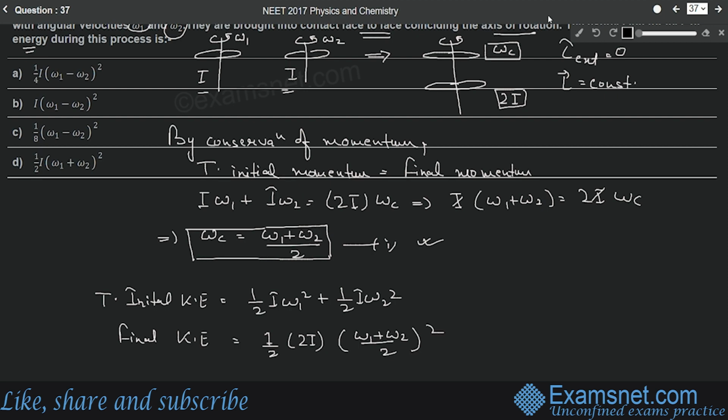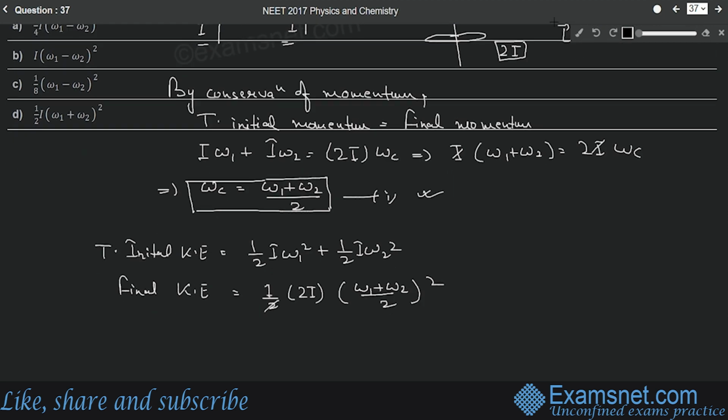So let's solve this. Here this 2 will be cancelled. So I this side, and this side (omega 1 plus omega 2) whole square is there. So it can be written as (a plus b) whole square, right? So a square, that is omega 1 square, plus b square, that is omega 2 square, plus 2ab, that is 2 omega 1 omega 2, divided by square of 2 is 4, right?